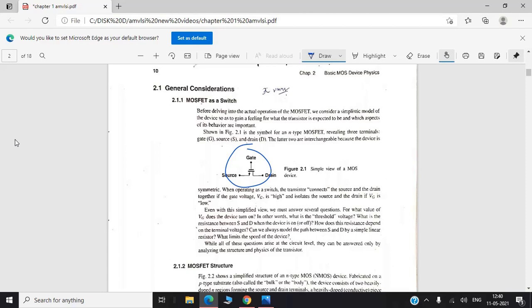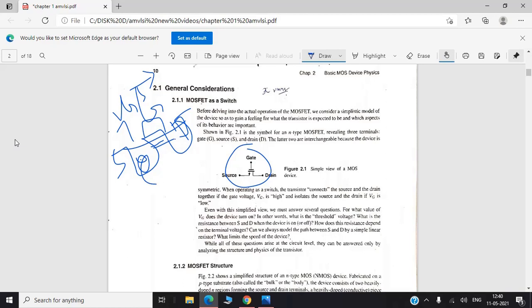You guys have studied in VLSI that there will be no channel formed. So this will be the gate, source and drain, gate, source and drain. So there will be no channel formed here. So as and when VGS is increased and when it reaches the threshold voltage, slowly a channel will be created between the source and the drain.